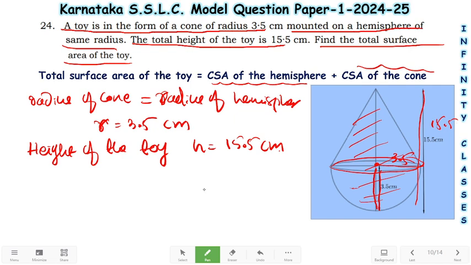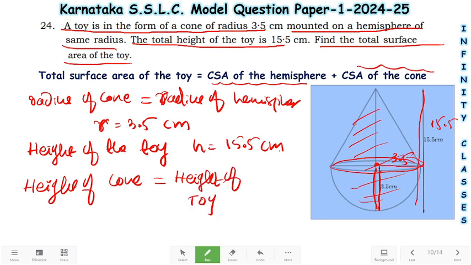Then we have to find the height of the cone. Height of cone is nothing but height of toy minus height of hemisphere.